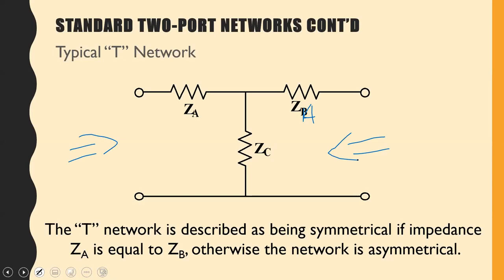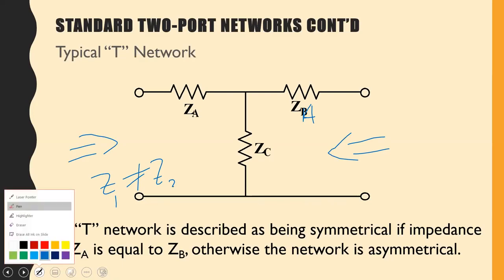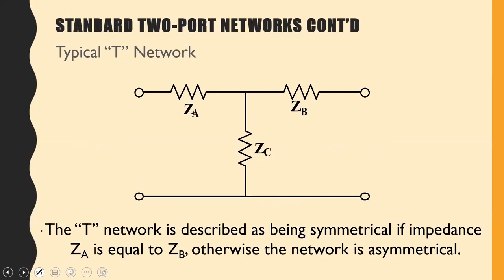So that's where the symmetry comes about. And if they are not equal, then obviously the impedance from this end would not be equal to the impedance from the other end. Agreed? Yes, sir.